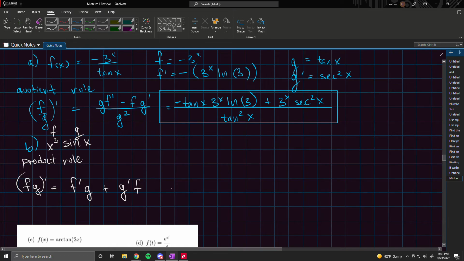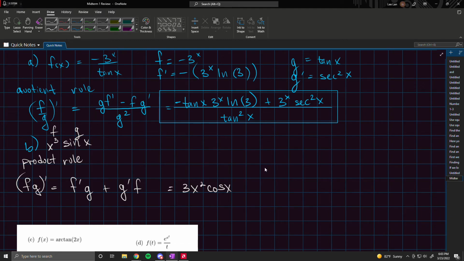So let's just do that. The derivative of the first would be 3x squared, and the derivative of the second, the derivative of sine is cosine, sorry. Plus, and then g prime, oh, sorry, I made a mistake.